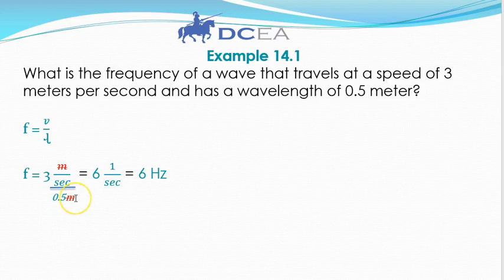We can cross-cancel the meters out, and what we have left is 3 divided by 0.5, which is 6, and we have 1 over seconds left. That 6 over 1 second is equal to 6 hertz, which is also shortened to Hz.